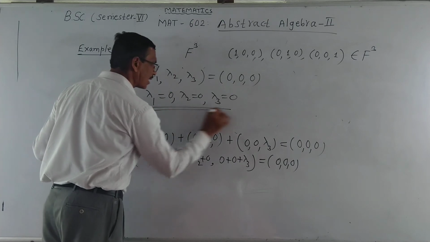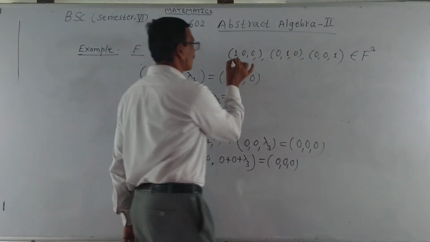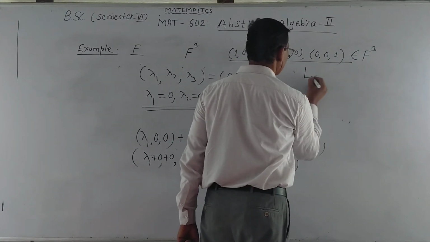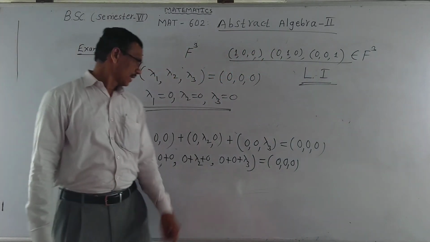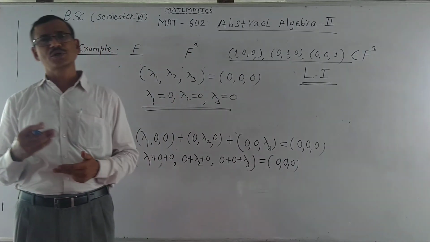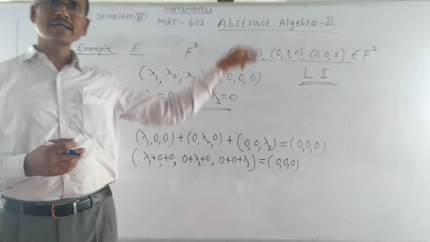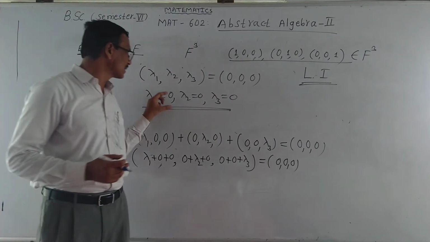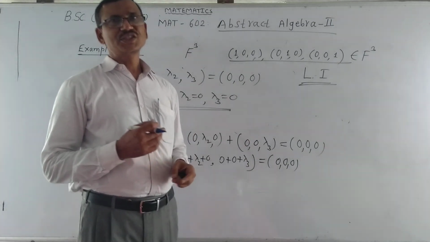We can see that all scalar coefficients are equal to 0, and therefore these given vectors are linearly independent. Okay, if at least one of these three is non-zero, any other real number, then we say that these vectors are linearly dependent. As in this case, we get all three zero.